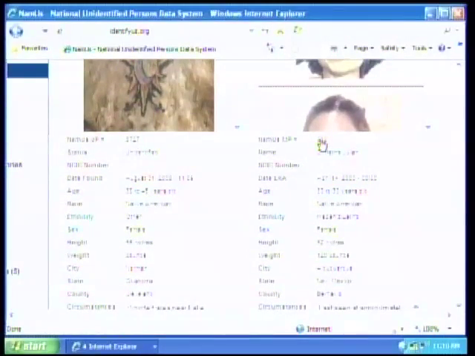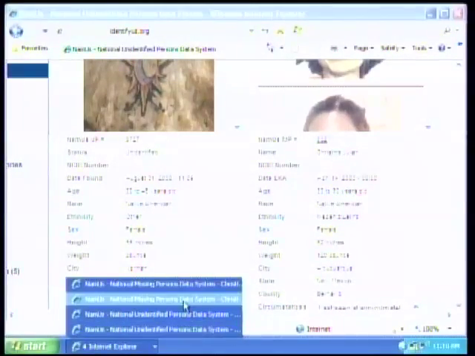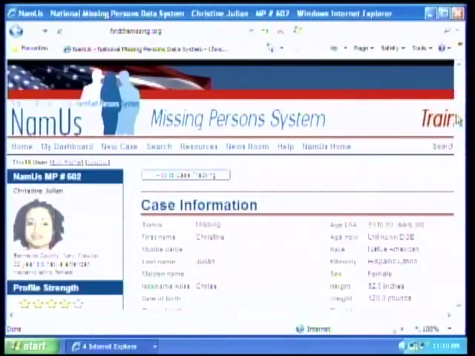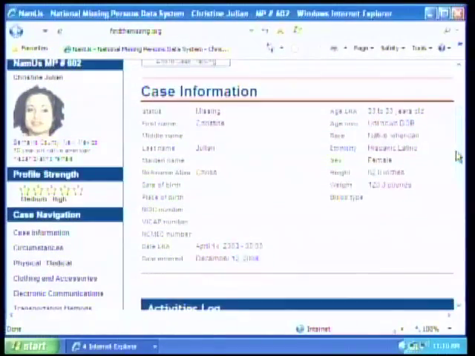Let's open up her case, 602. And before we do the dental, let's just run through the same things we ran through with Noreen's case. Let's go look for tattoos and then look for DNA and then look for dental information.